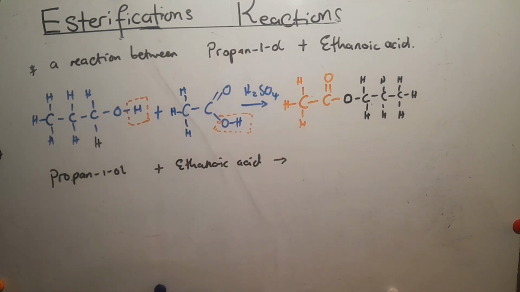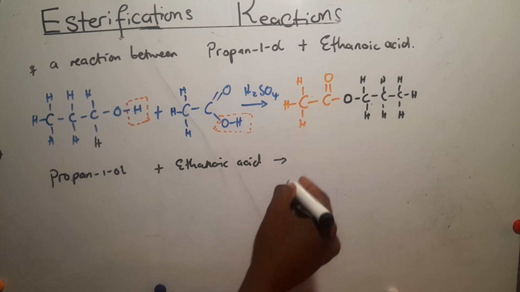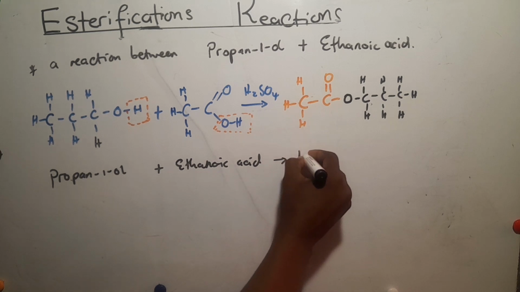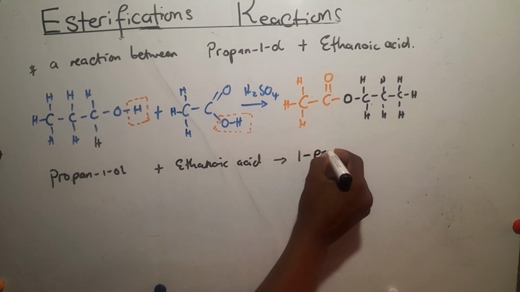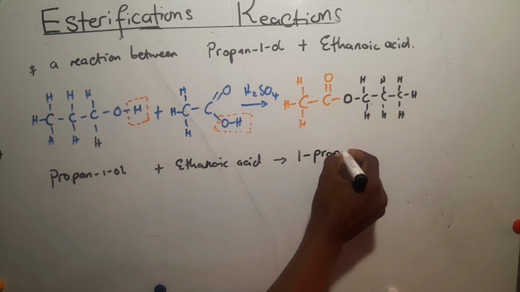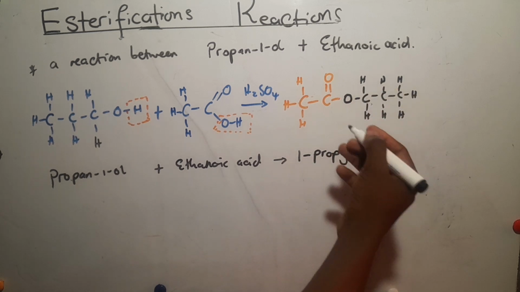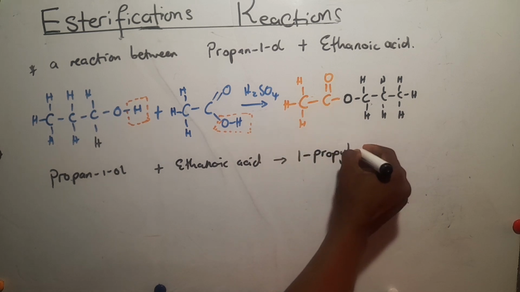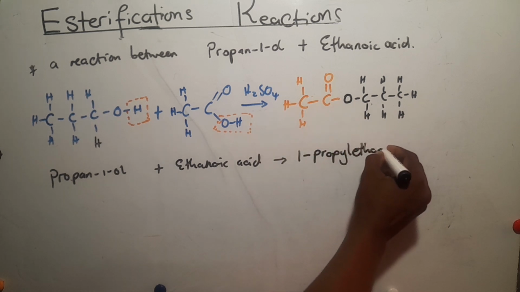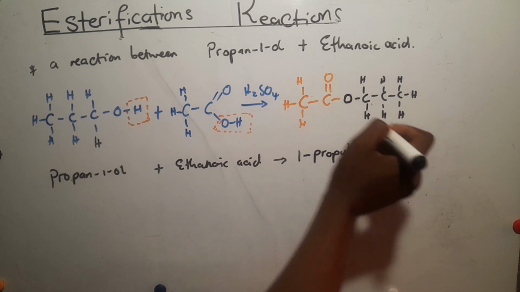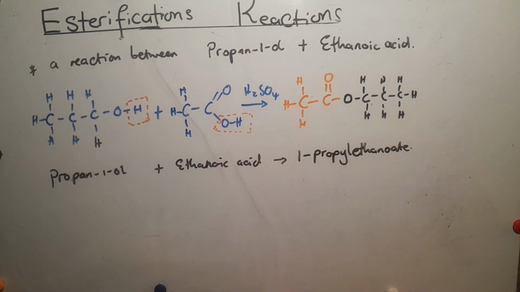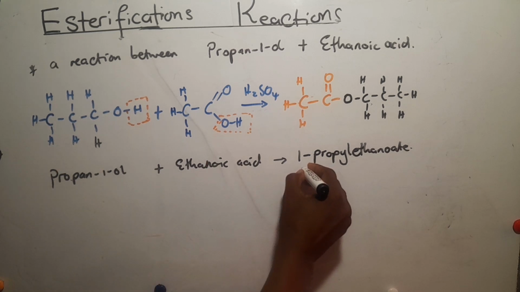So we also include that number. So this would be 1-propyl, because this is the alcohol, and this is ethanoate. 1-propyl ethanoate. So that's how you name the esters.